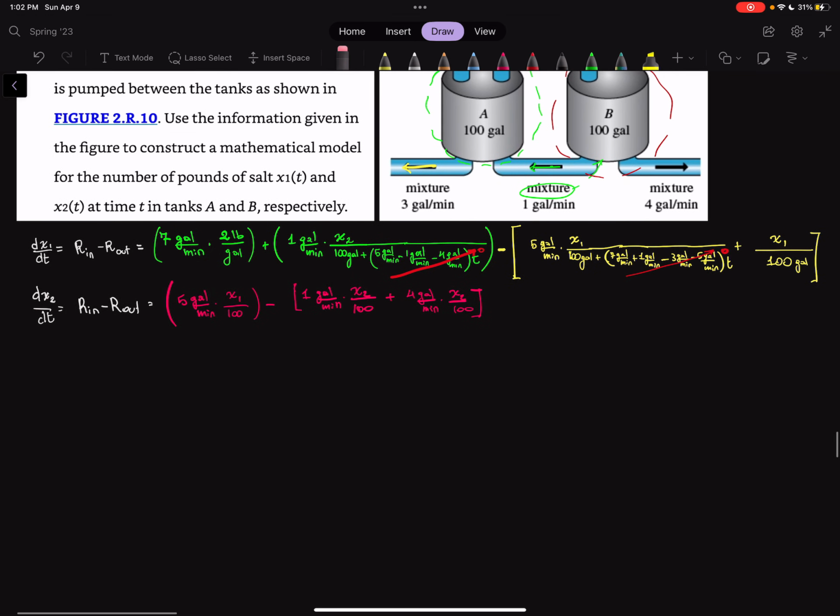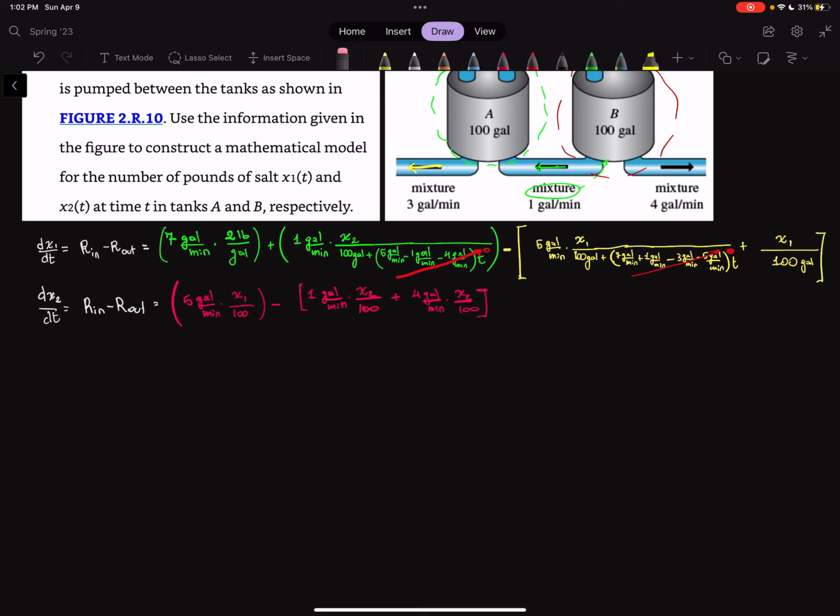So now that we have this, what are we going to do? We're going to simplify this and clean it up a little bit. I'm going to say x1 prime is equal to, here we have 14, I'm going to drop the units, plus x2 over 100 minus 5x1 over 100 plus x1 over 100.